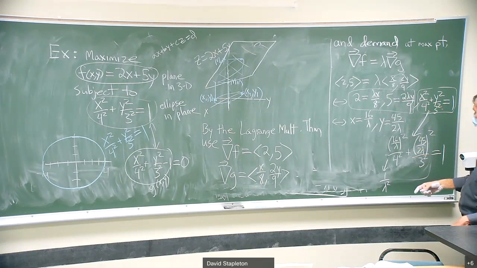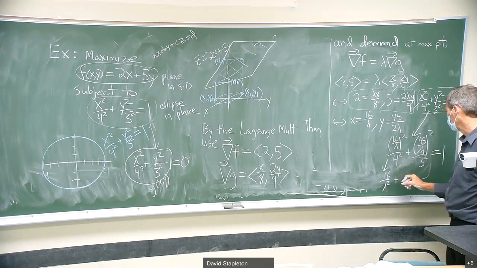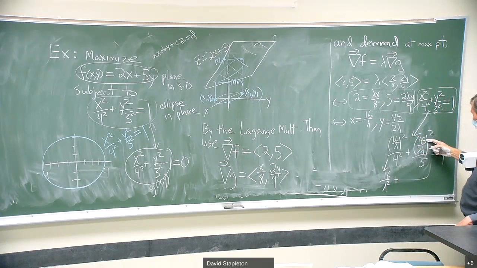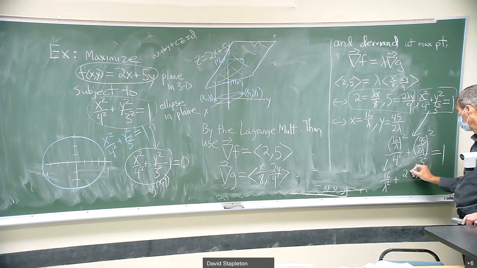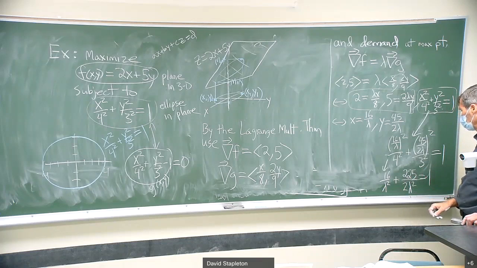Yeah, that doesn't all cancel, does it? So I guess this is 16 over lambda squared plus, oh boy, 45 times 5, 225 over twice lambda squared, has to equal 1 when we simplify those quotients.